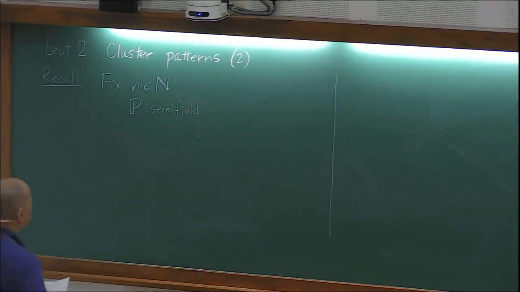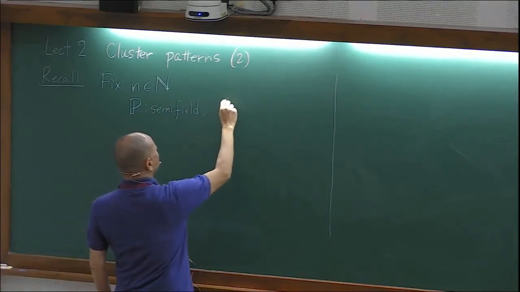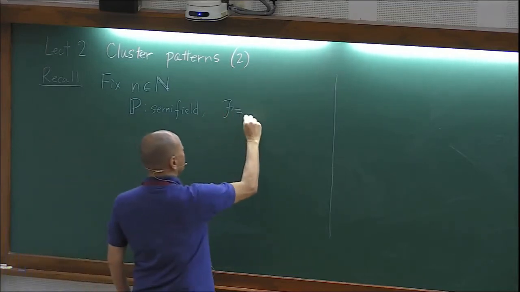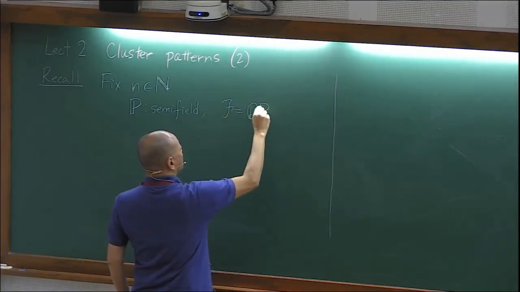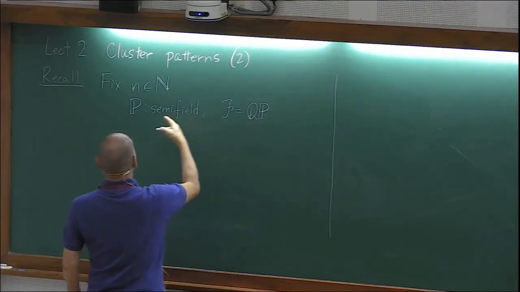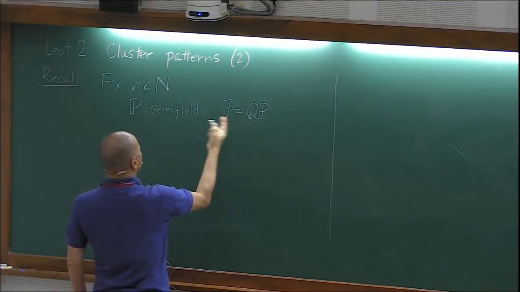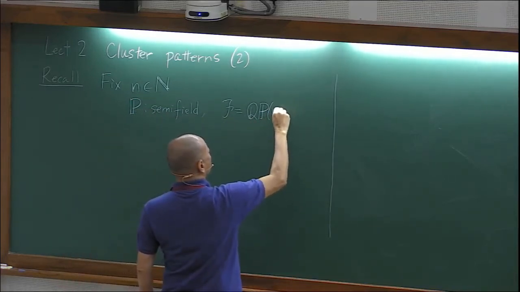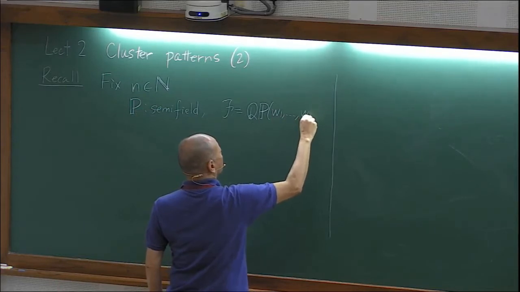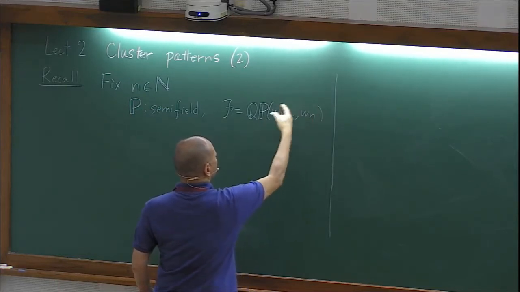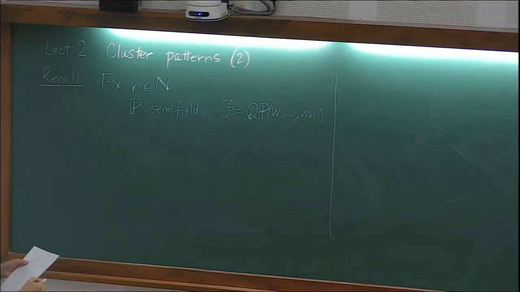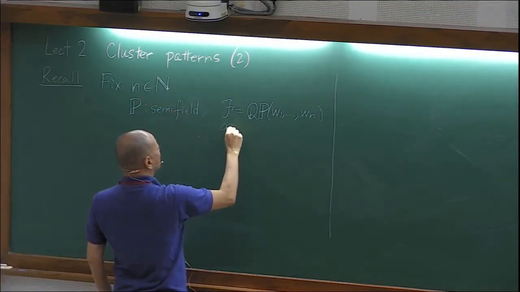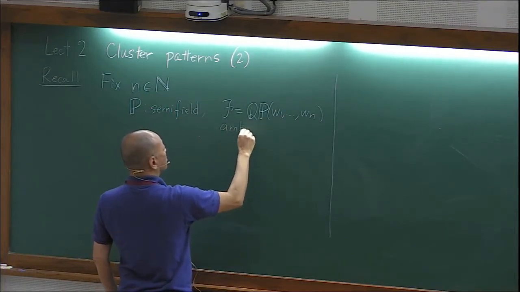Then from this you consider an ordinary field, a rational function field with coefficients in the semi-field QP, with some formal variables w1 to wn. You really don't have to care what is the role of this one. This is just a formal variable, and this field is called the ambient field in the context of cluster algebra. It's just a name.